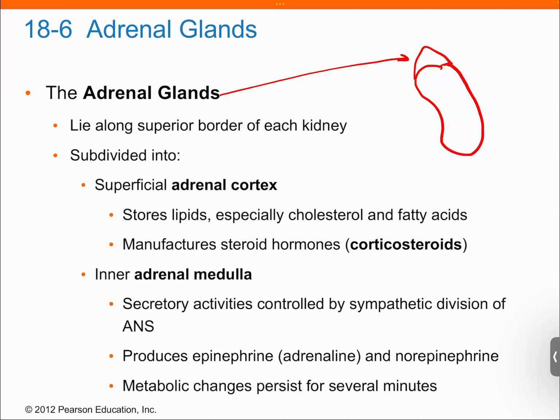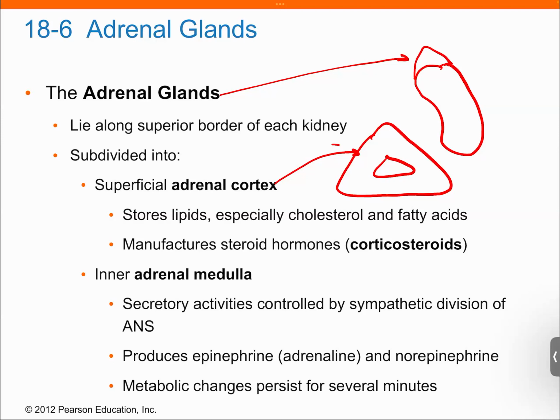But the adrenal gland itself is actually composed of layers. The first layer, which is the outer layer, is the cortex. And by the way, whenever you see the term cortex and medulla, those are generic terms. All that means is you're talking about an organ that has an outer layer, the cortex, and an inner layer, the medulla.